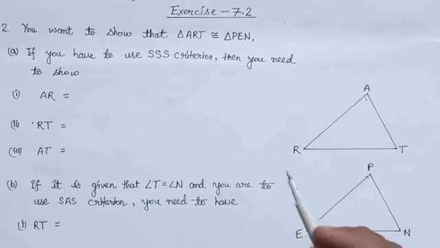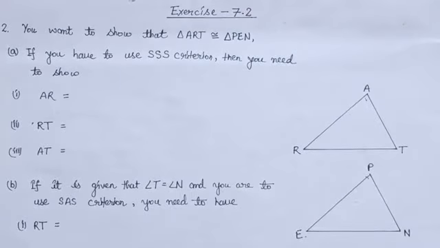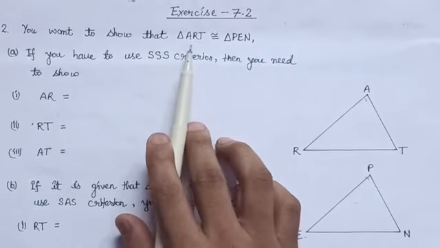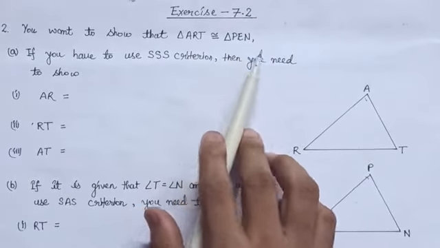Now first, students, let us find the pairs of corresponding vertices if we have to show that triangle ART is congruent to triangle PEN.